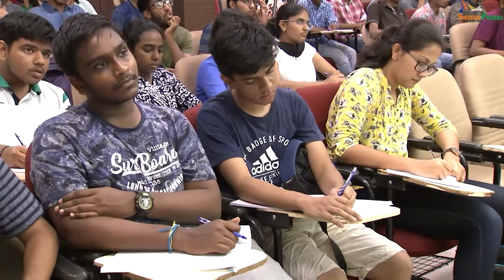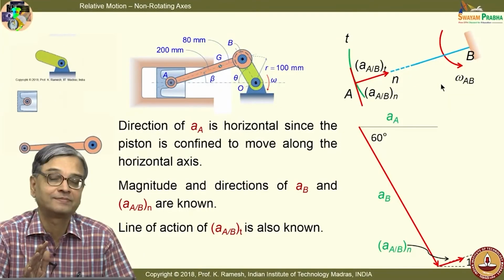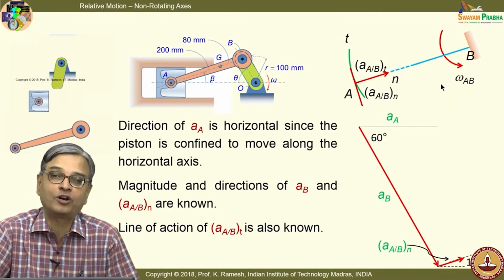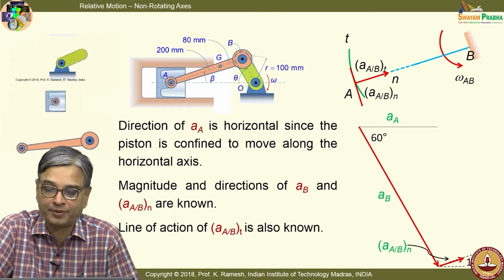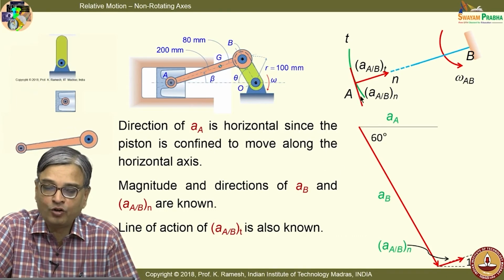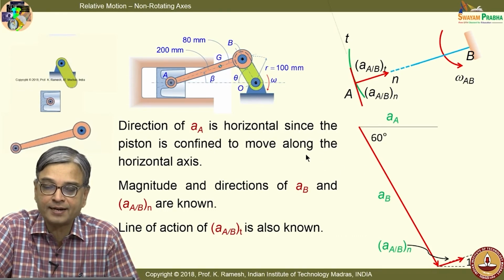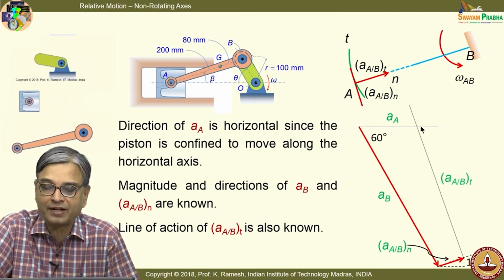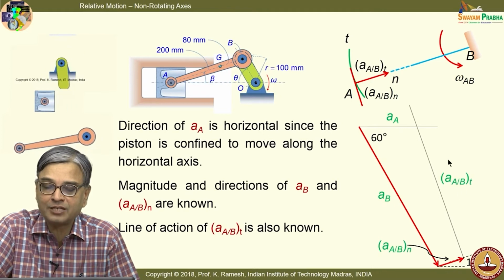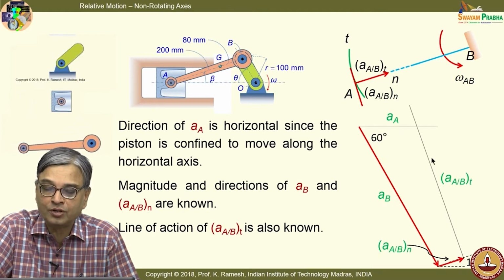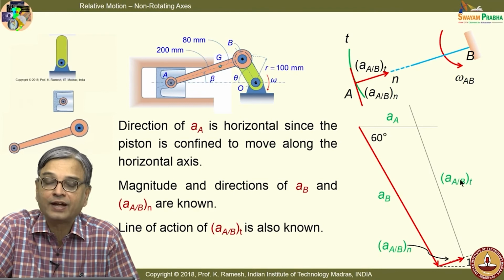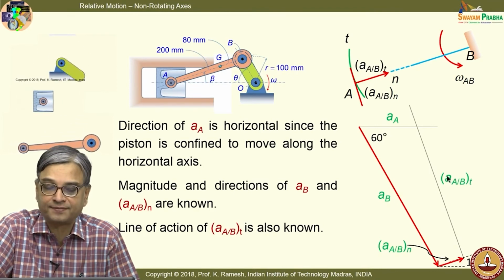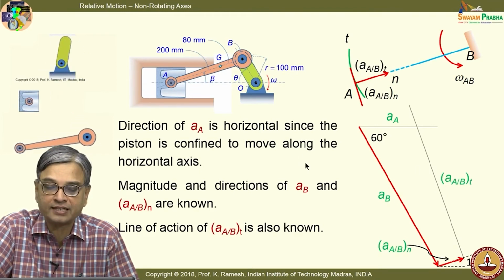This is the point I want to drive home. Fine. Let us see what way the acceleration turns out to be in this problem. But I know this direction, so I can complete the polygon like this. From this polygon, I am also in a position to find out what is the final direction of this. So, we will continue with this in the next slide.